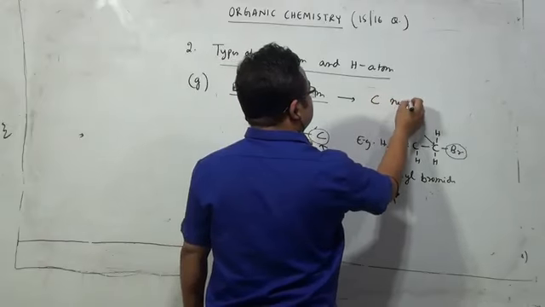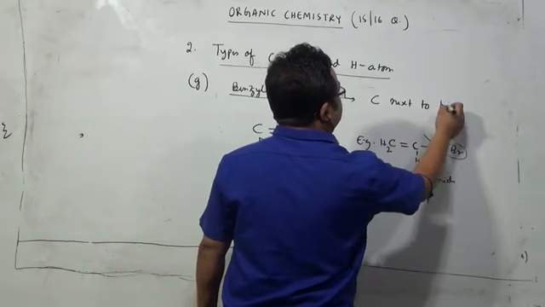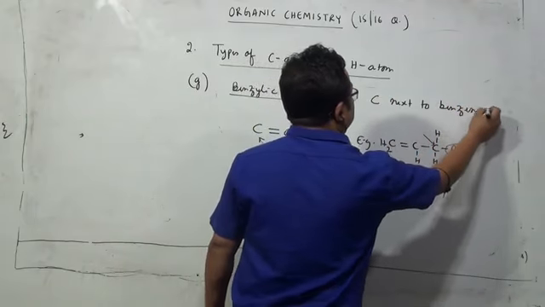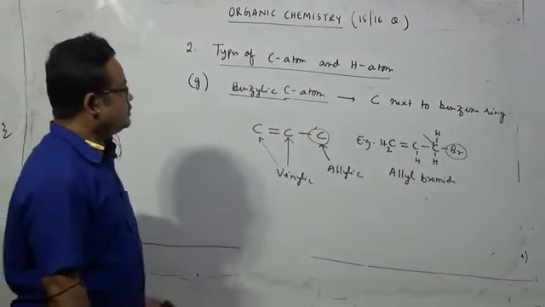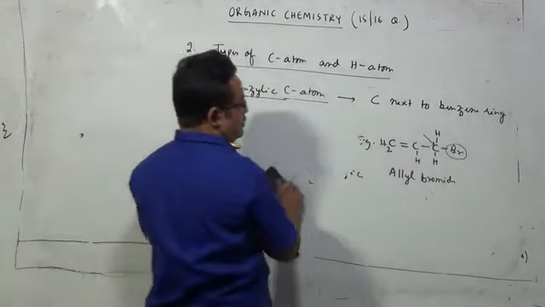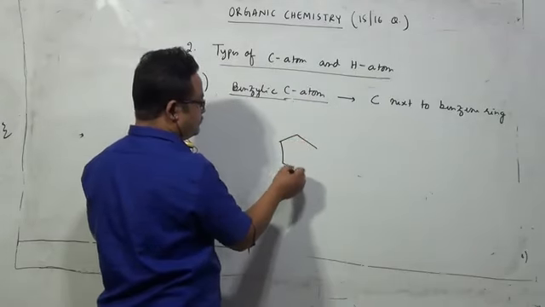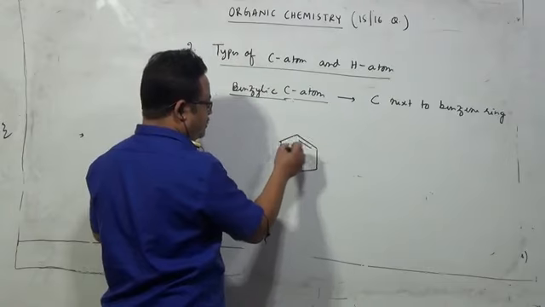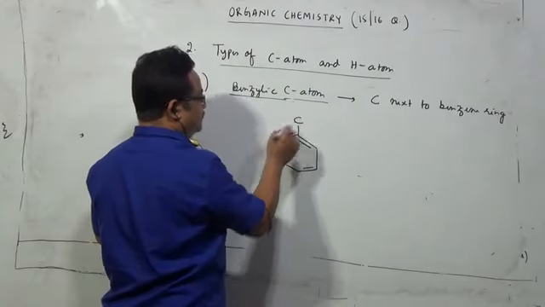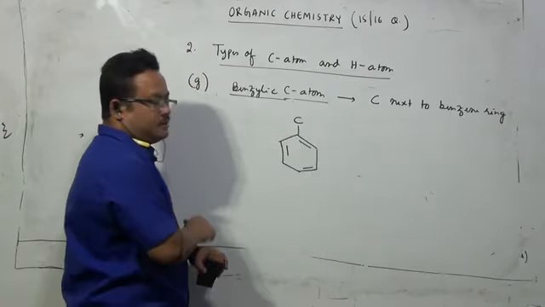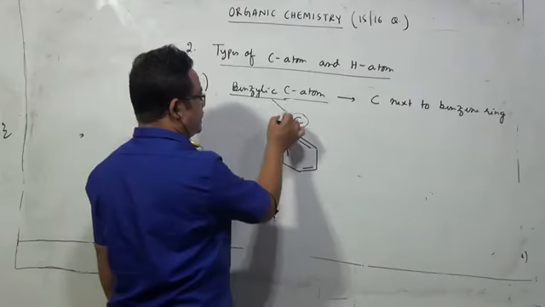Carbon next to the benzene ring is called benzylic carbon. So this is the benzene ring, and the carbon attached to it is benzylic carbon. This is the benzylic position.